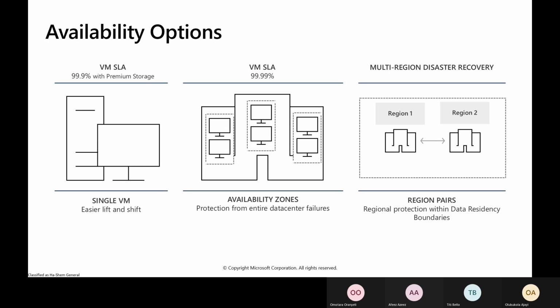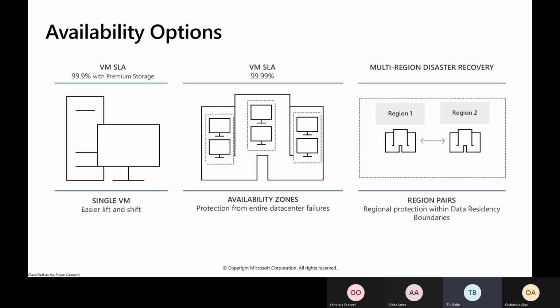Just like I said, if you have 99.9, if you have two nines, it means in a month you can accommodate about 4 minutes of downtime, and in a year about 8 hours or so of downtime.